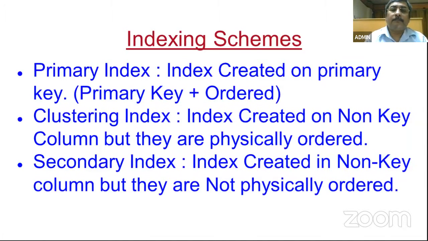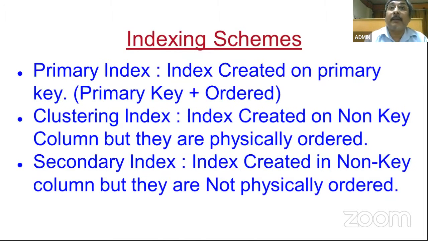In both, the data is physically sorted on the index key, no doubt about it. Only point is, if the key is a primary key, then we tend to call it a primary index. And if the key is a non-primary key, then we tend to call it a clustering index.